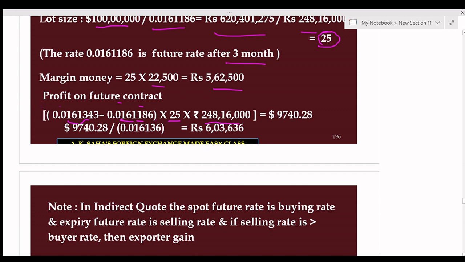Dollar per rupee multiplied with rupees 2 crore 48 lakh 16,000, the rupees will be cancelled and dollar remains: 9740.23. It is converted into rupees by dividing by the spot future rate. You will get 6,03,636.